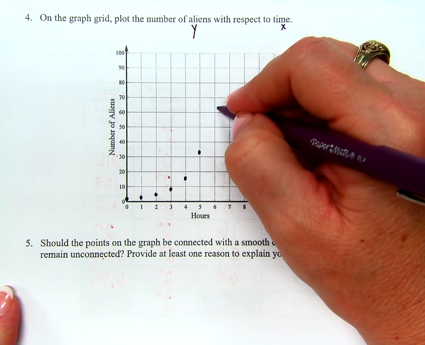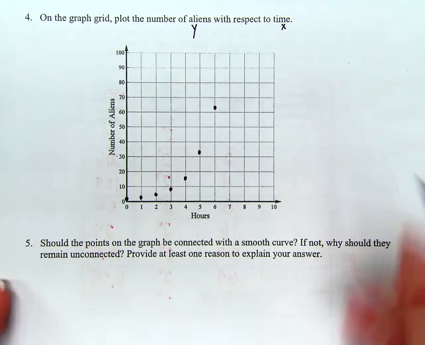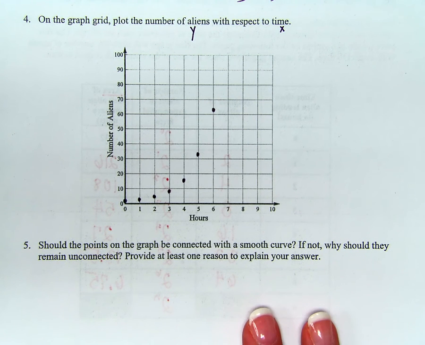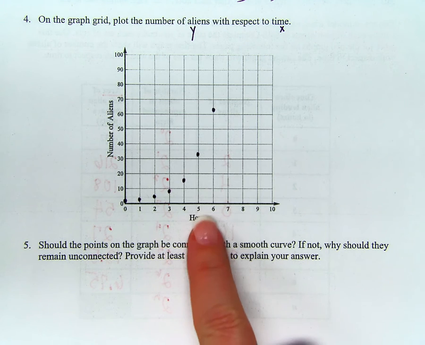And 6, there were 64 aliens. Does that look linear? No. So that's even a stronger reason for our problem on number 3, right? Is it constant rate? No. Now we can see that it's not growing at a constant rate, right? Okay. Does everybody have this plotted?